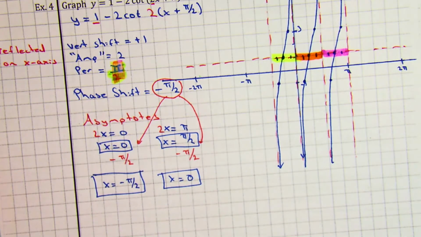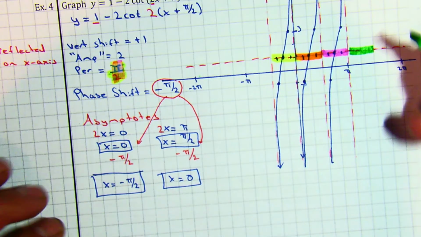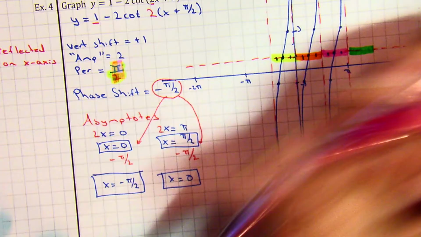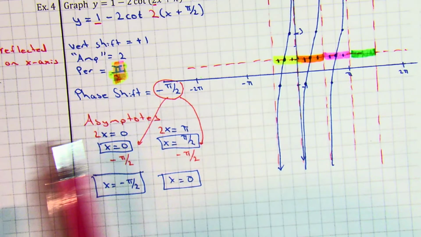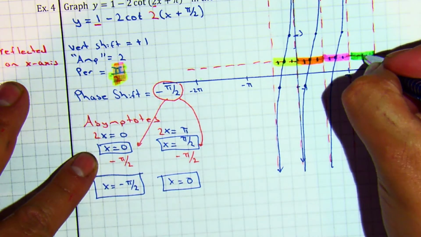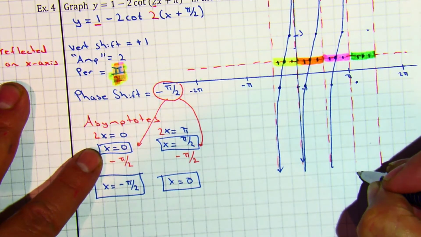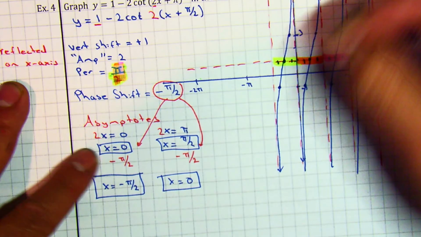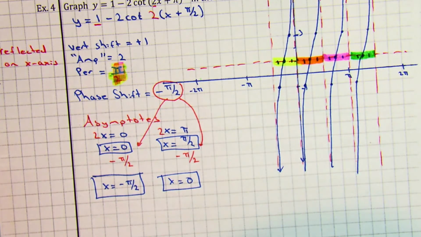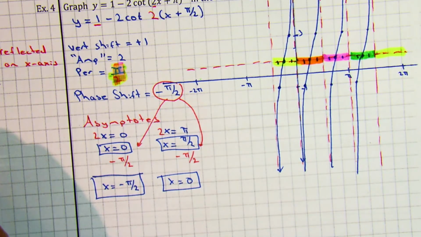We'll take another. Cut it in 4 sections. Last thing that we need to do is to be able to find your domain and range.